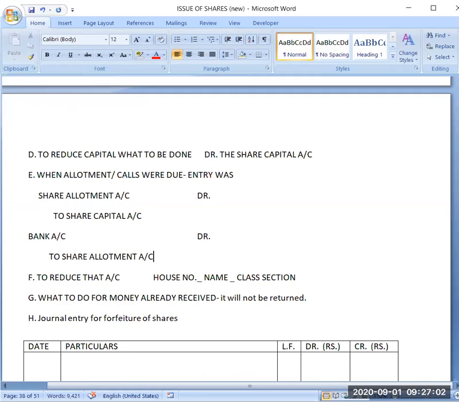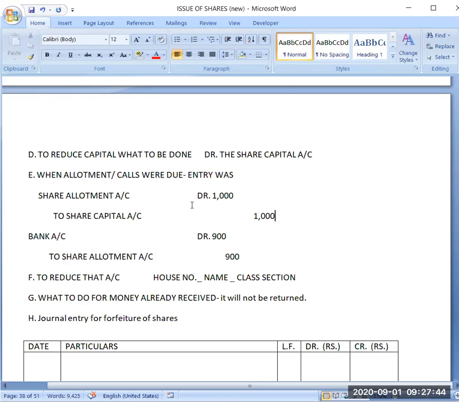But if somehow I don't receive the allotment money, suppose the allotment amount due is rupees 1000. I have received only 900. So what will be the balance of share allotment account? Yes, very good.